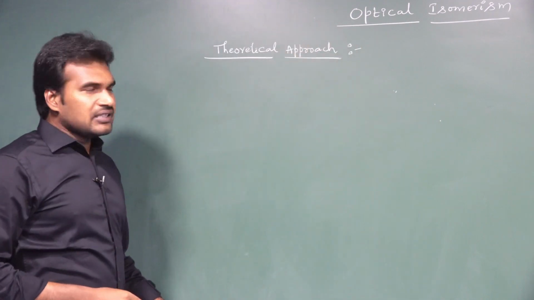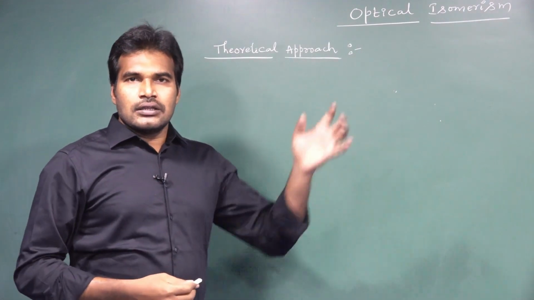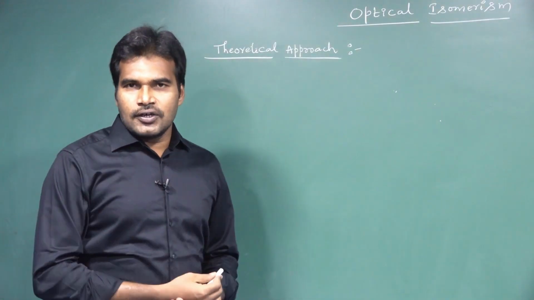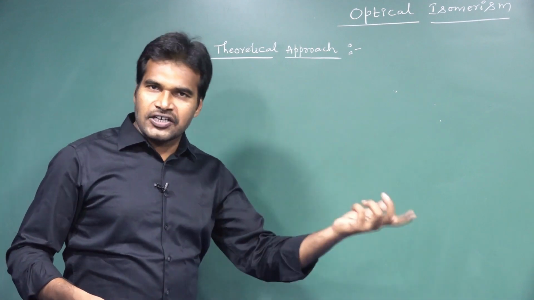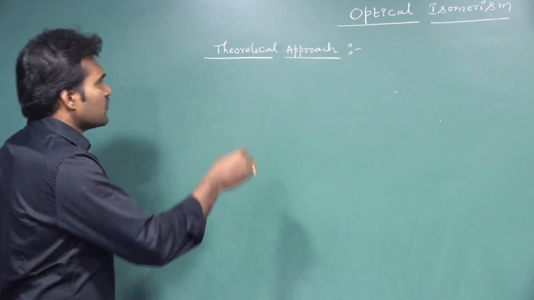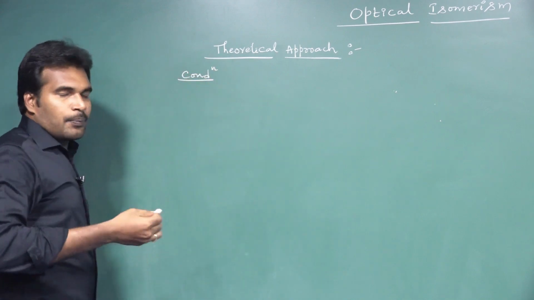In order to explain theoretically, the compound should fulfill two conditions. After they fulfill the two conditions, then we can decide the given compound is optically active or inactive. Let us see the conditions required to show optical activity.